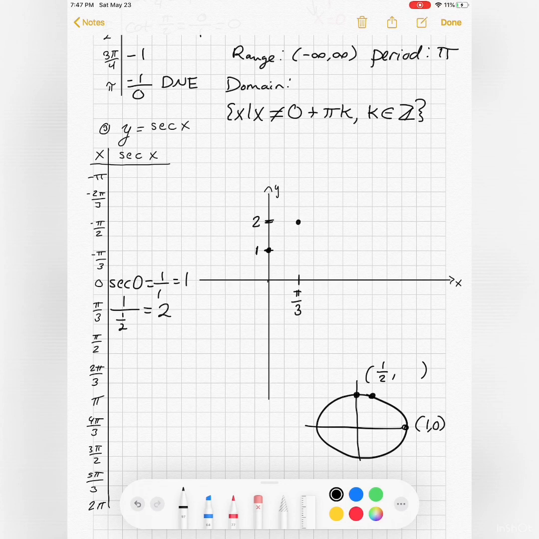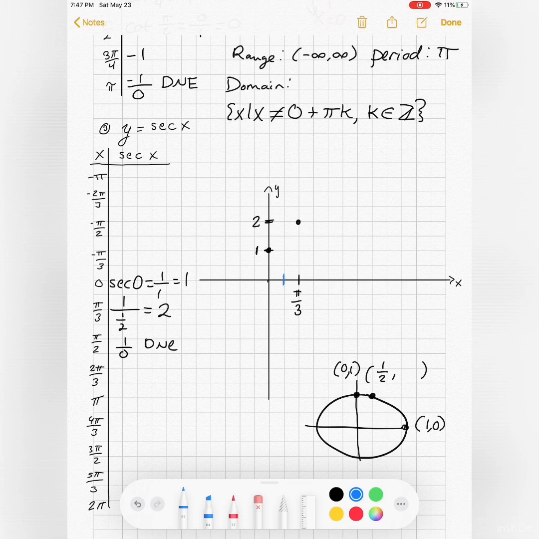Okay, here's pi halves. Oh, so we have vertical asymptotes again. So how do I scale this? Because the next thing I need to put on the graph is pi halves. So this is kind of interesting. I'm actually using a scale of 6.